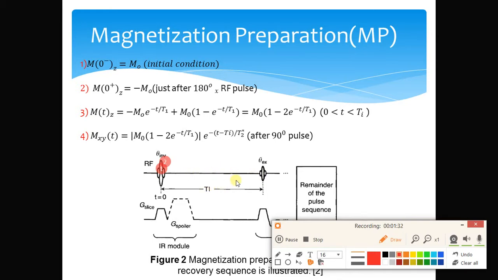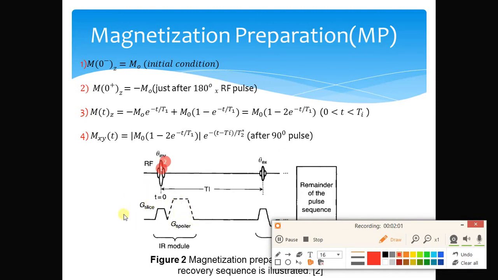The decay will be determined by this equation, and there will be another RF pulse. In this formula I wrote 90 degree. However, in our case we will not use 90 degree. FLASH uses very short angles like 15 or 20 degrees.